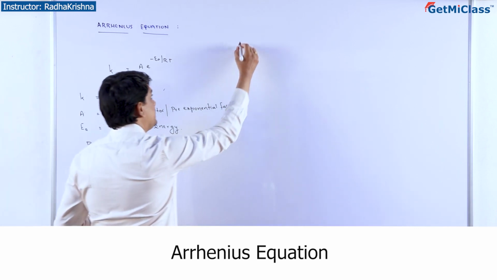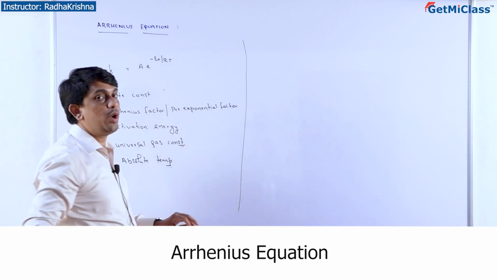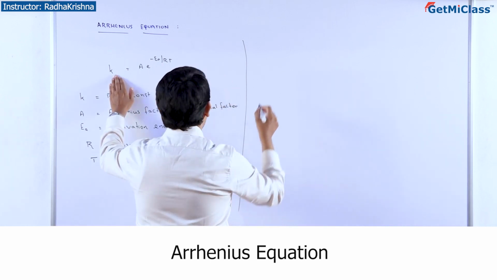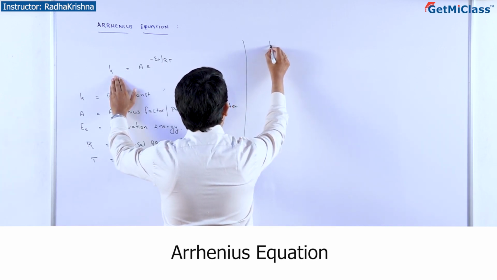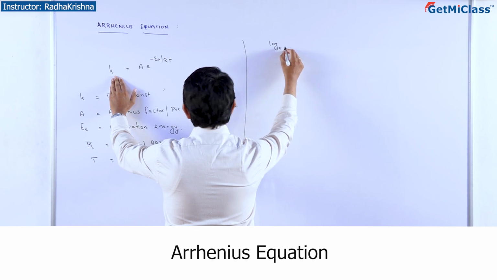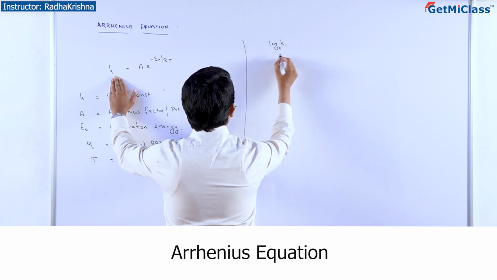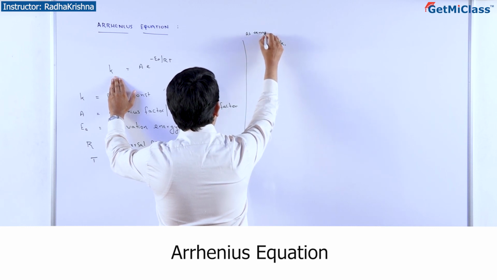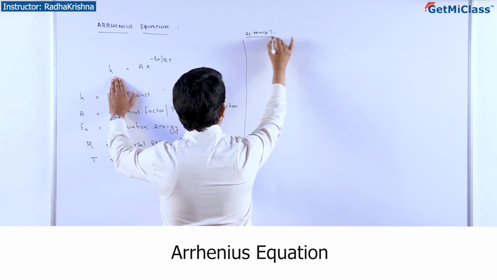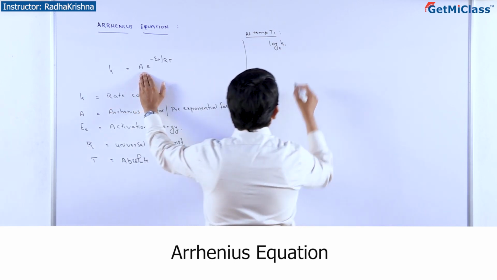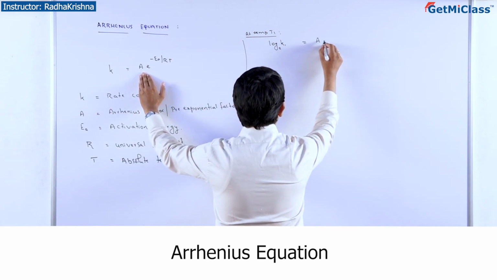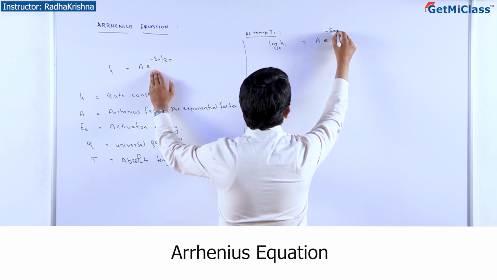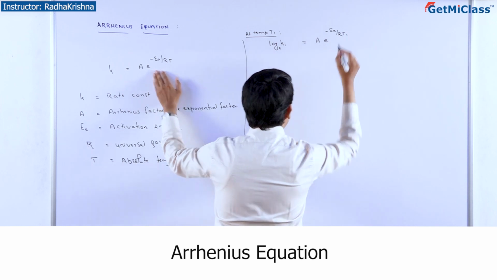Now, let me go ahead. What you do now, you take log on both sides. So I am writing here log to the base e, of course, at temperature T1, here it's the Arrhenius constant, e to the power minus Ea by RT1.